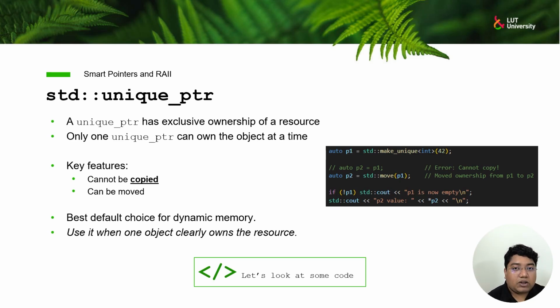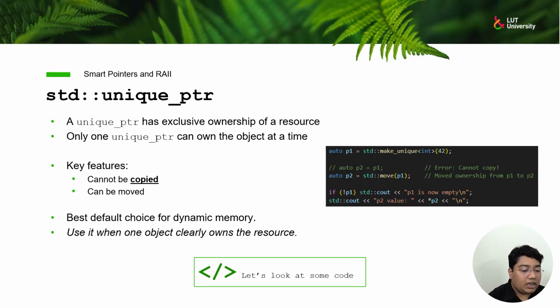A standard unique pointer has exclusive ownership of an object. The exclusivity is the important thing. At any point in time, only one unique pointer owns that single piece of memory. Because of that, copying isn't allowed. Think about what copying would mean.